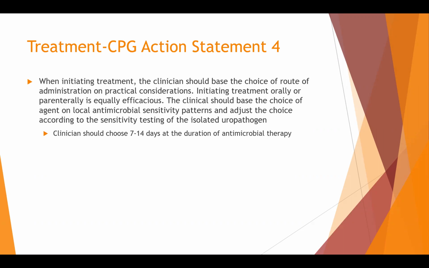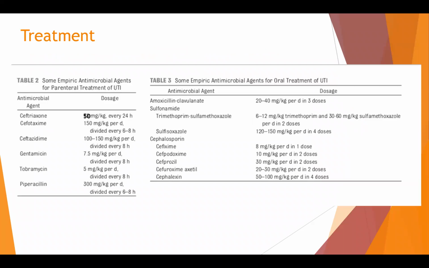But most of the time, especially for pyelo, depending on which antibiotic you use, we need 7 to 14 days, which is usually the standard. So here are some options for IV therapy or oral therapy.